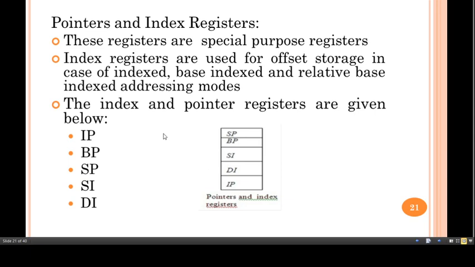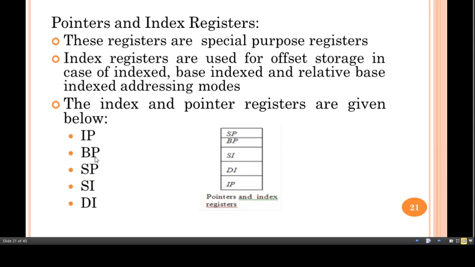Next category of registers is pointer and index registers. These are special purpose registers. Index registers are used for offset storage in case of indexed, base indexed and relative base indexed addressing modes. The pointer and index registers are given as 3 pointer registers and 2 index registers.